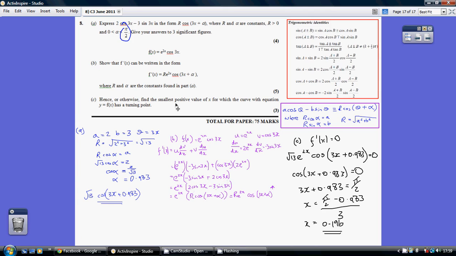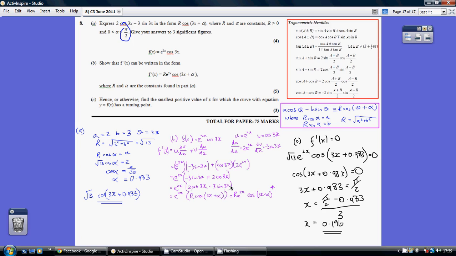I've then just rearranged it to make it more in line with what we're trying to show. So I've changed it around to have the 2 cos 3x first, to bring it more in line with over here.